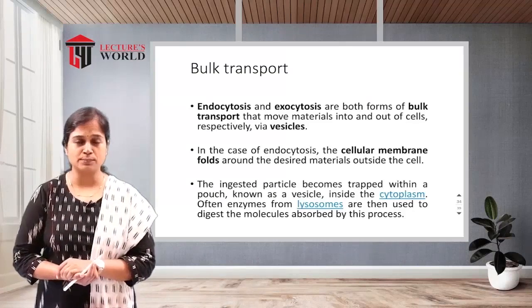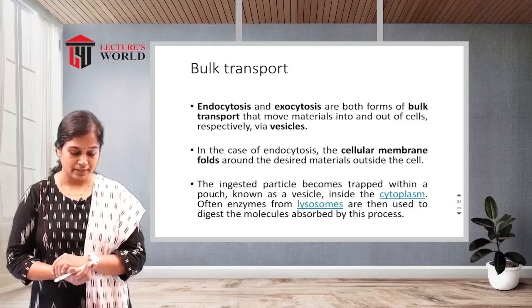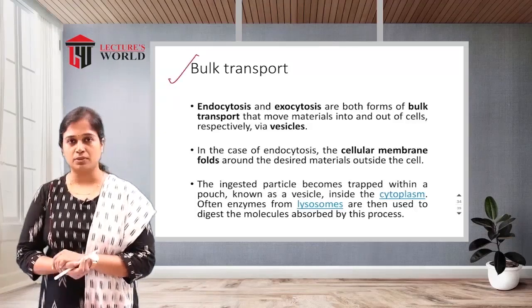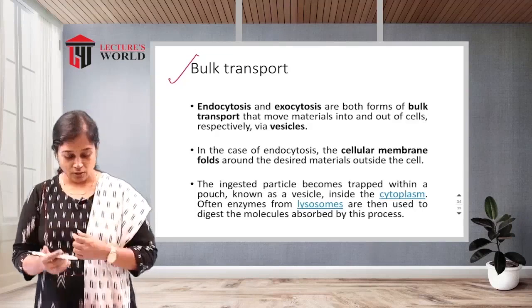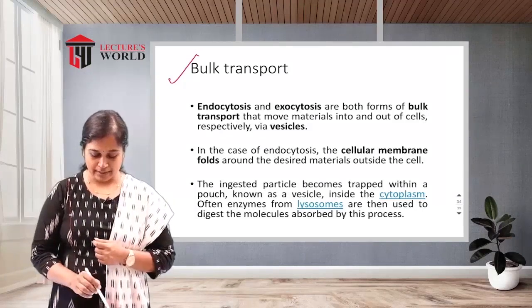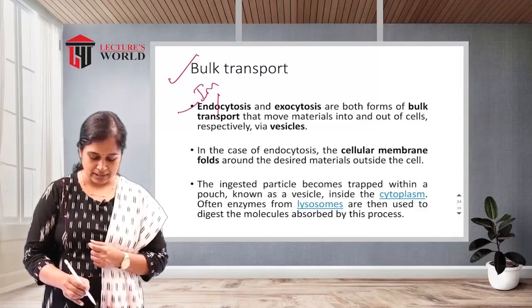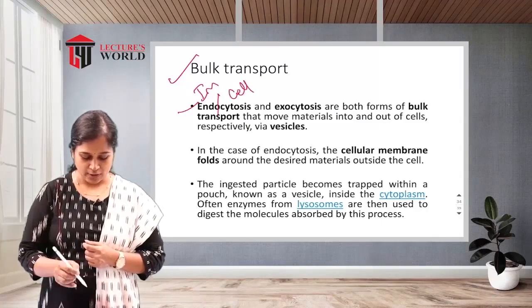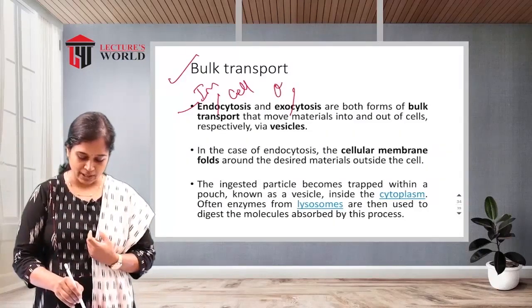Now another transport that takes place across the cell membrane is the bulk transport. Bulk means many molecules at a time. The bulk transports are endocytosis, where endo means inside and cytosis refers to the cell, so inside the cell, and exocytosis, where exo means outside of the cell.